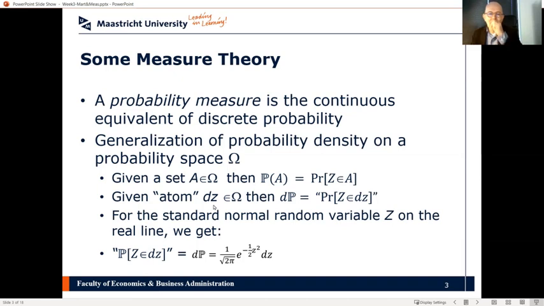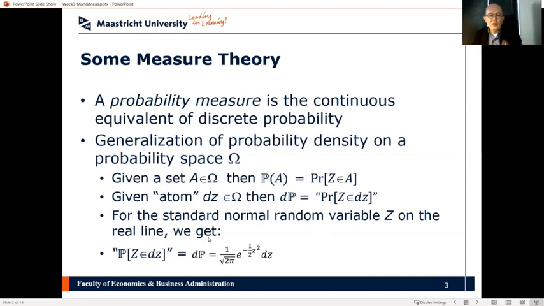And if I use a floppy notation, if I have an infinitesimal element dz in my probability space, then I can define the probability density function with respect to landing in that infinitesimal element dz. And of course, the real line is a valid example of a probability space.